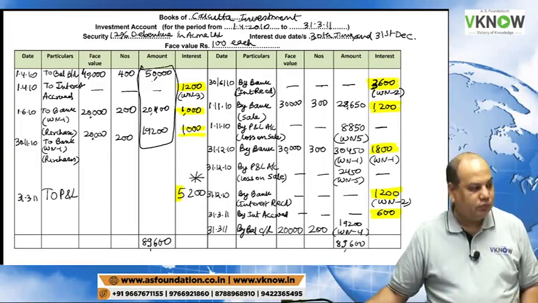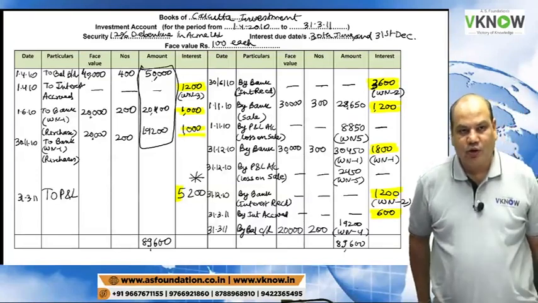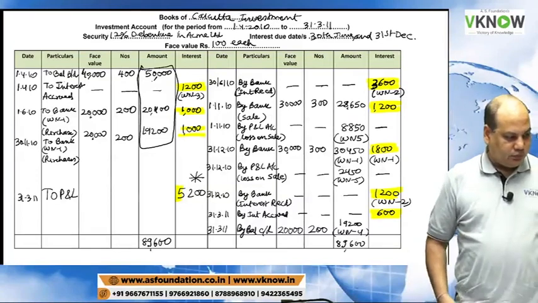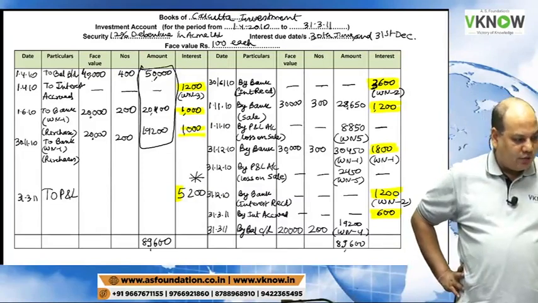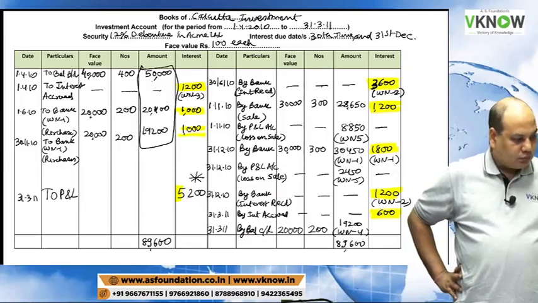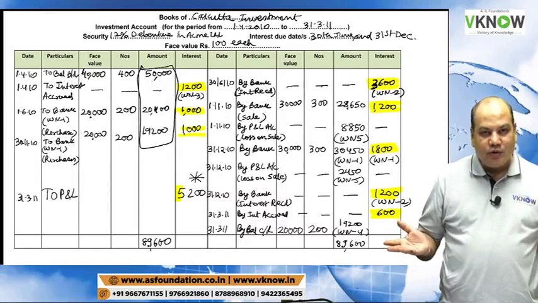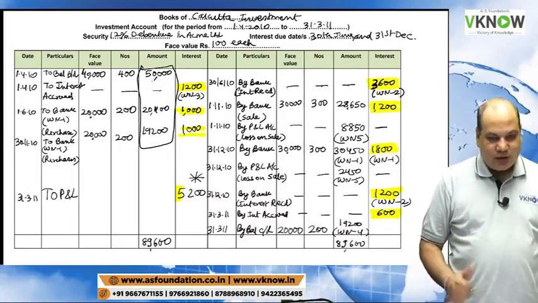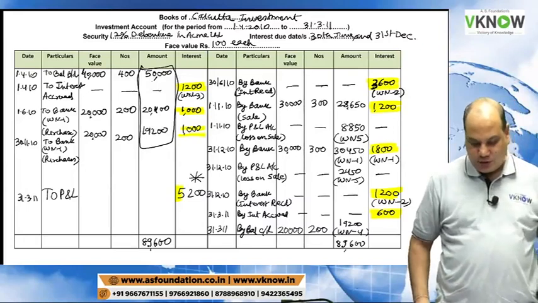Tallied. 89600. Yes, Sakshi, you are right. Govardhan Reddy, Jyoti Jha, right. Sanket Jain, right. This answer is over.